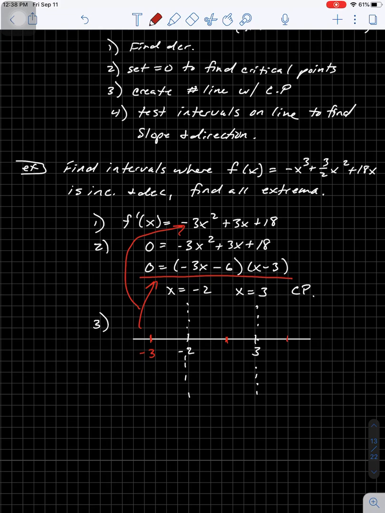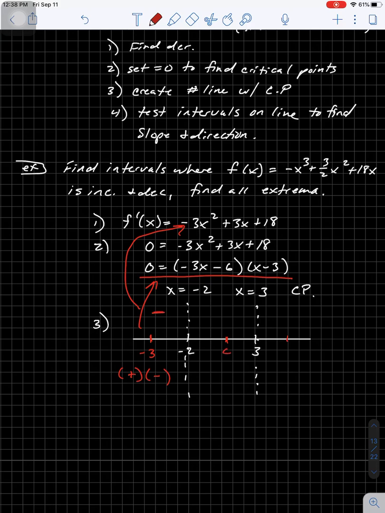And again, all we want to know is what's the sign. So I plug the -3 in, and I say, okay, that first quantity is going to be positive when I plug in a -3, and then the second quantity is going to be negative. And so that gives me a negative product.